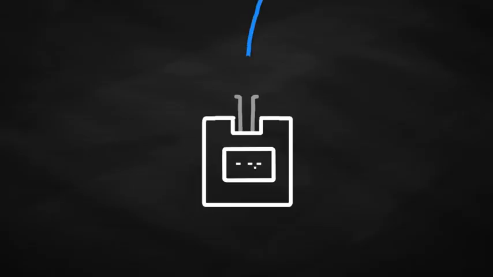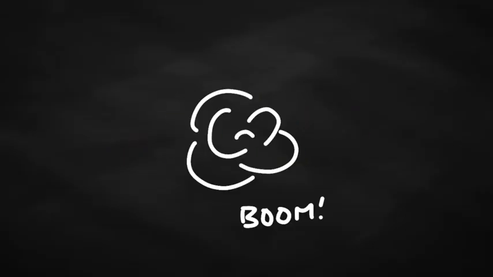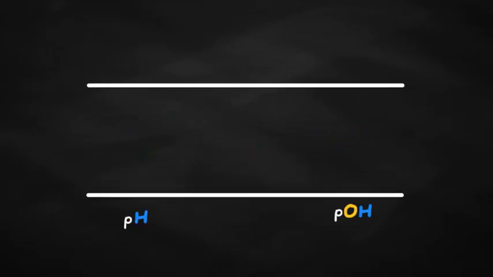Now we measure it. The pH of water is 7. So pH plus pOH is 14. This makes sense since you can't get better at being acid and base at the same time. And since pOH only goes down to 0, pH goes up to 14 and vice versa.